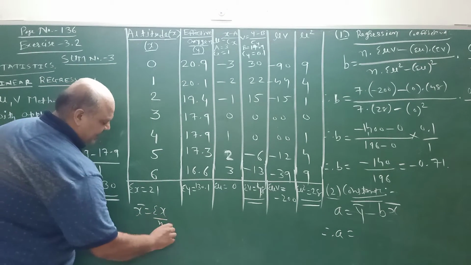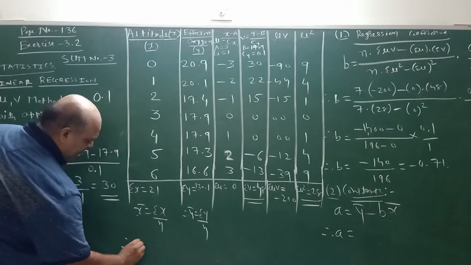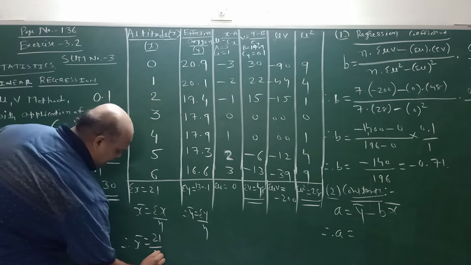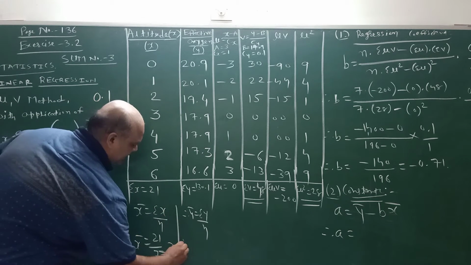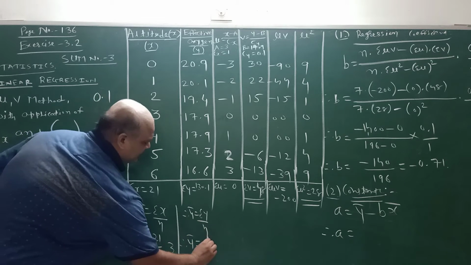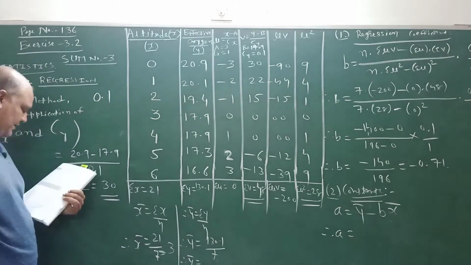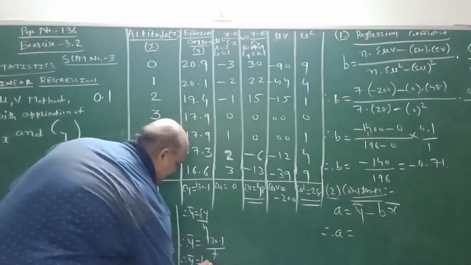X bar is sigma x upon n, y bar is sigma y upon n. 21 divided by 7 is 3. And y bar is 130.1 upon 7, so y bar is 18.59.